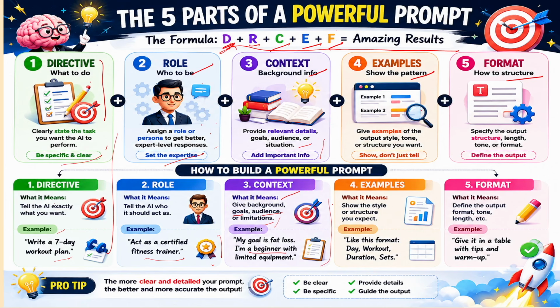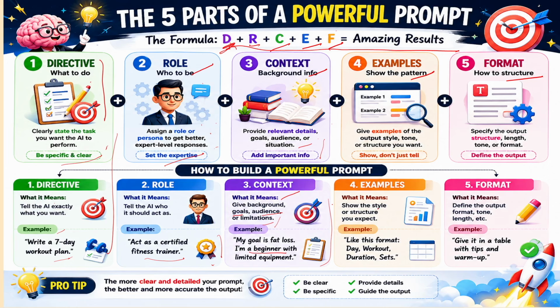The fourth is the example. Suppose when we are teaching small children, we would show a number of examples. Similarly, when we write a prompt, we can give examples of the output style, the tone, or the structure we want.